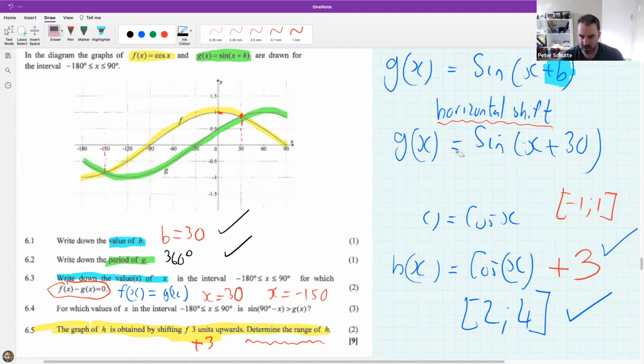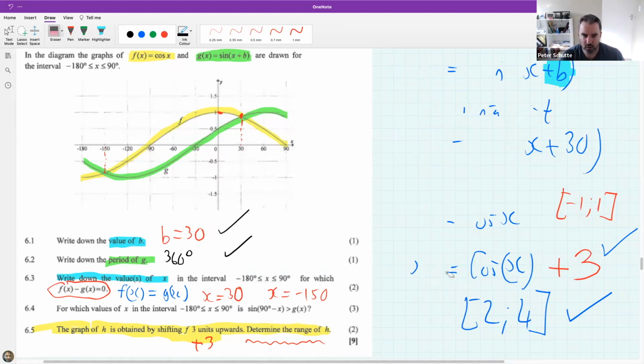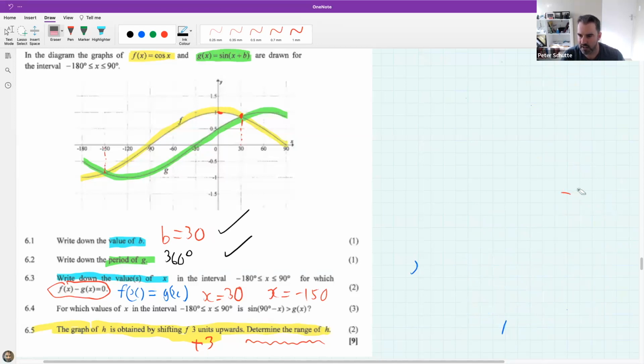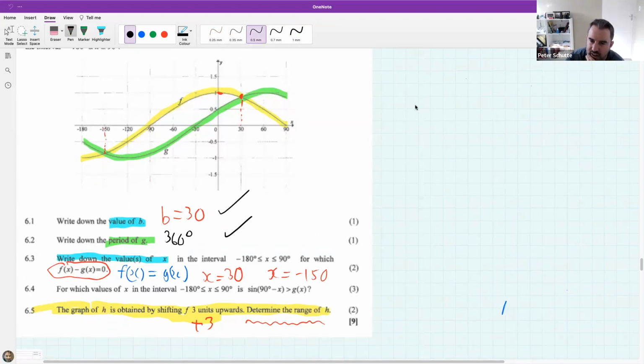Okay, last question of the day. 6.4, I want you to just read that before I come along. I want to ask you, what could you write the sine of 90 minus x as, from your other knowledge of trigonometry? You could write it as cos x.